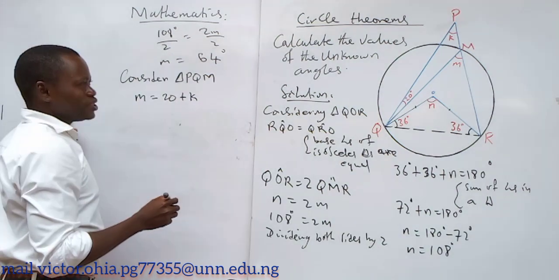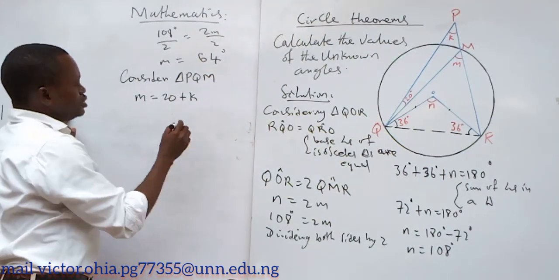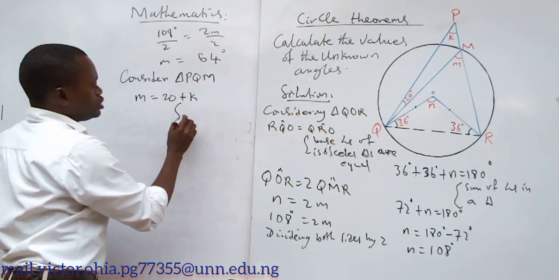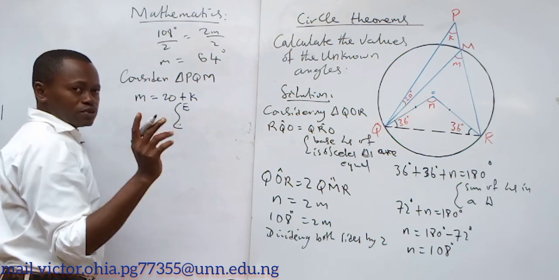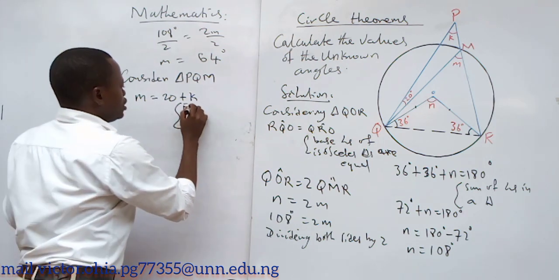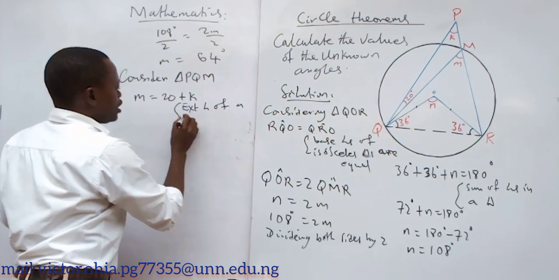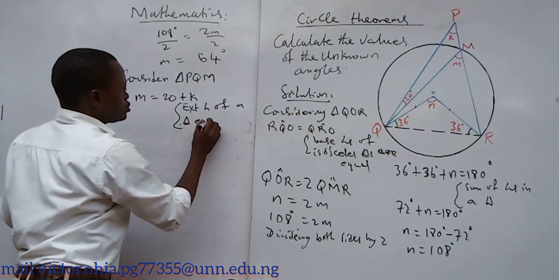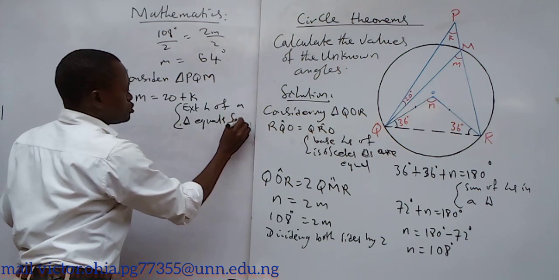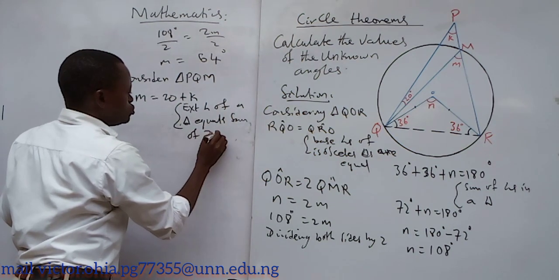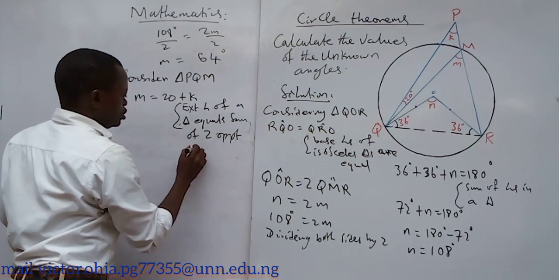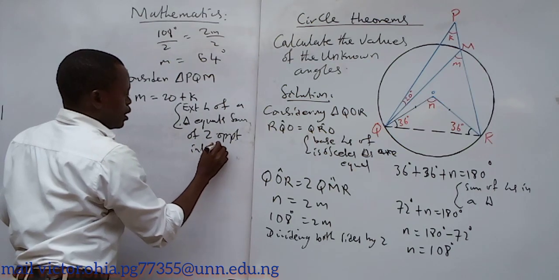If I say so, you wonder why that is so. Yes, it's true, because let me back it up with the theorem that supports that: the exterior angle of a triangle equals the sum of the two opposite interior angles.